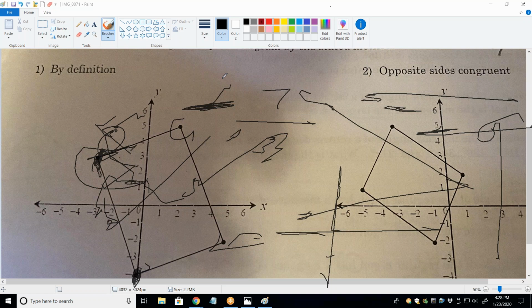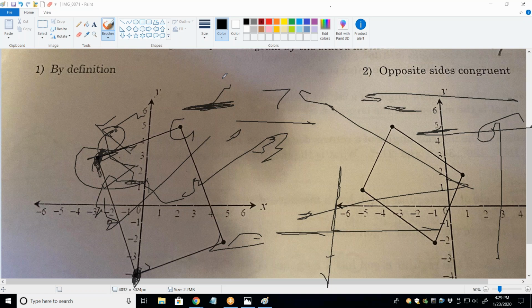On number 2, we need to prove it's a parallelogram based on the opposite sides being congruent. What does that mean? Like equal? Yeah, equal measurement. In other words, another definition of a parallelogram is the opposite sides are equal. Okay.